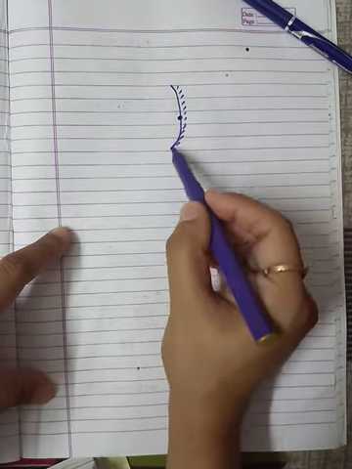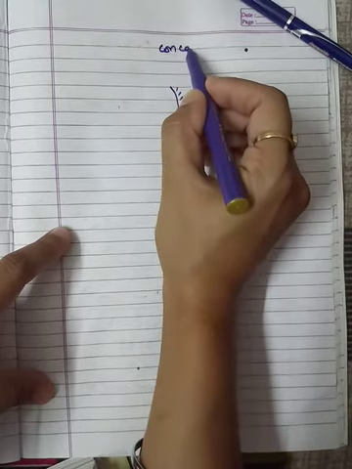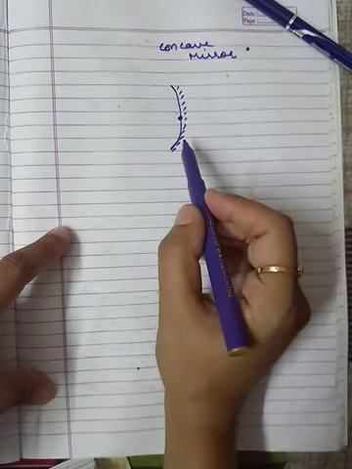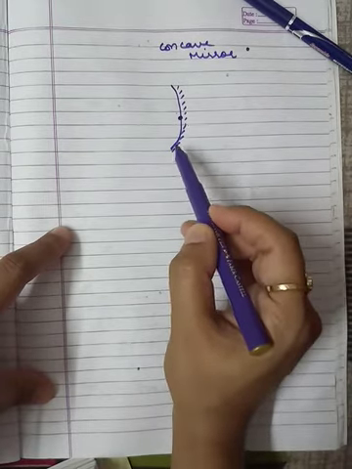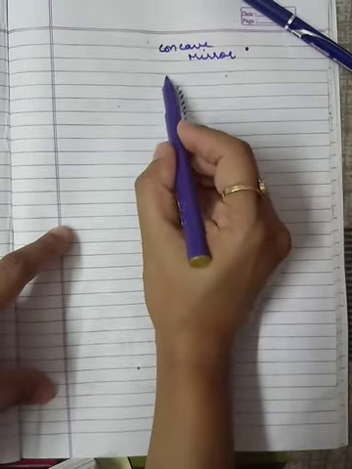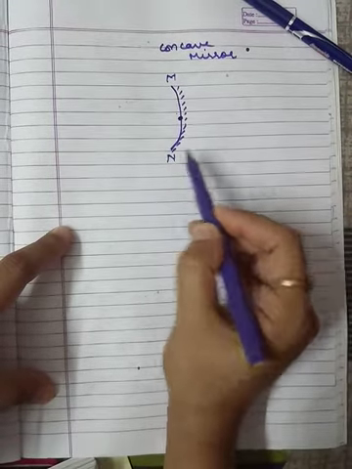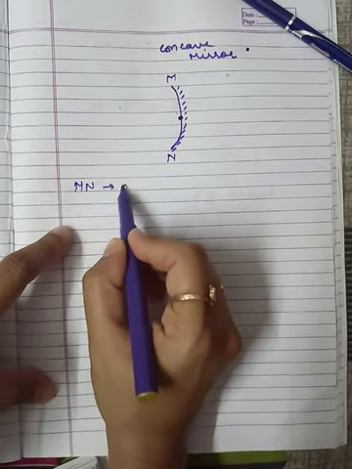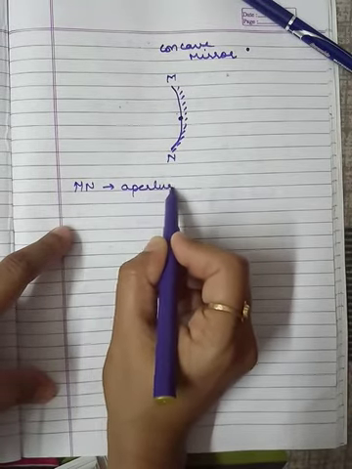I have drawn a concave mirror. This will be the aperture, I will name it MN. So MN will be the aperture of the mirror.